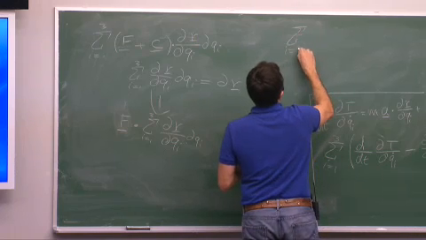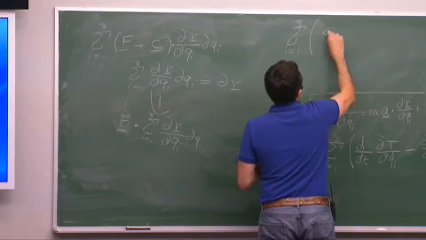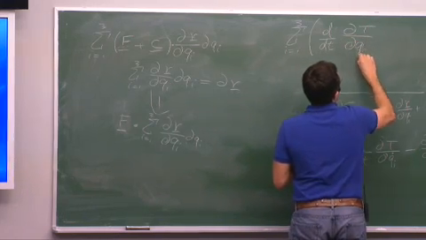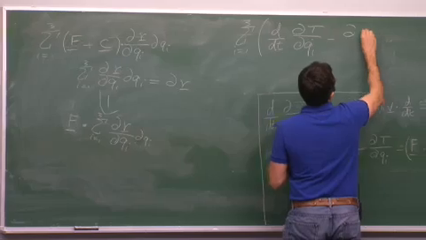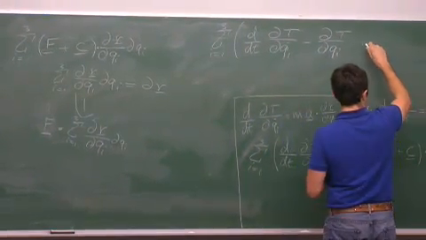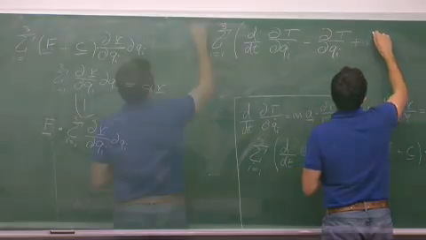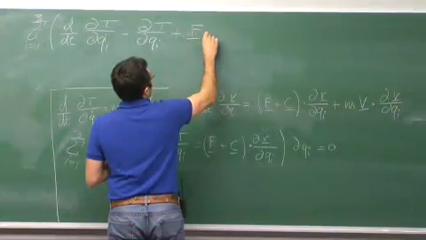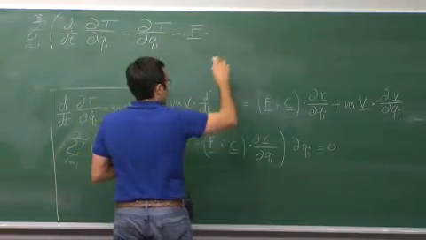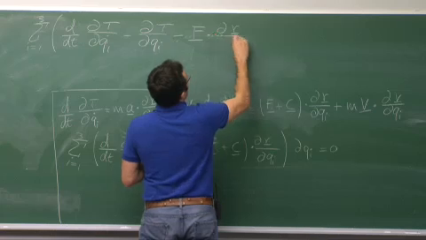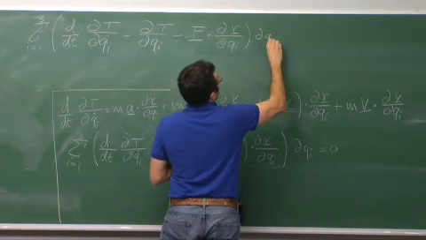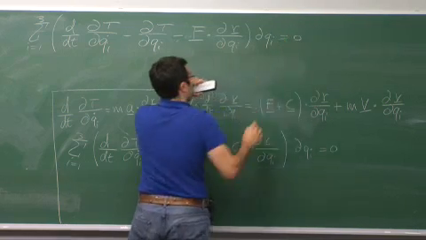Summation i 1 to 3 of d/dt of partial of the kinetic energy with respect to qi dot minus partial of the kinetic energy with respect to qi. And then what else do I have? I have a minus F dotted with partial of r with respect to qi, and then this is multiplying some virtual change in the variable qi.